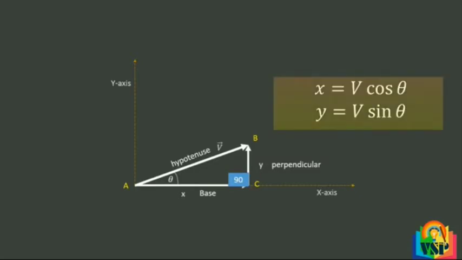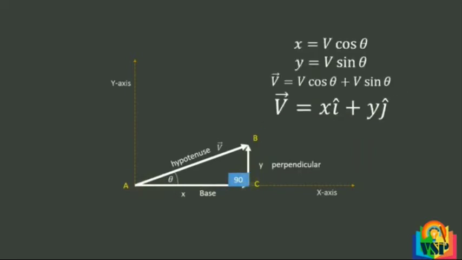Finally, we get the x component and y component as v cos theta and v sin theta. So we can split AB along the x axis and along the y axis. These are its component vectors along the x and y axes. So we can write vector v bar is equal to x i cap plus y j cap, where i cap and j cap are orthogonal unit vectors.